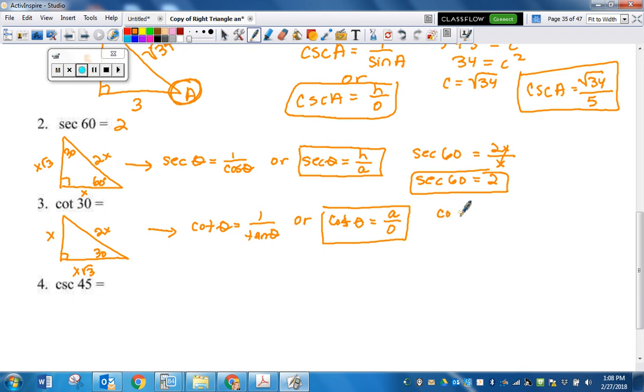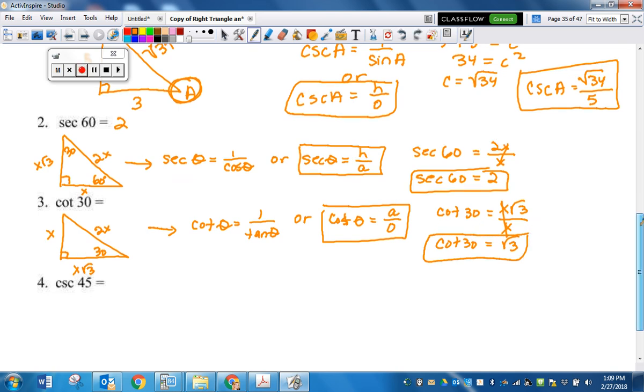So cotangent of 30 would be the adjacent side, which is x radical 3, over the opposite side, which is x. The x's cancel out, and cotangent of 30 is equal to radical 3.